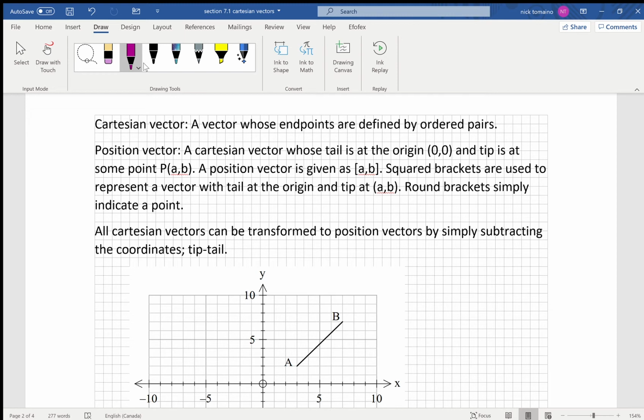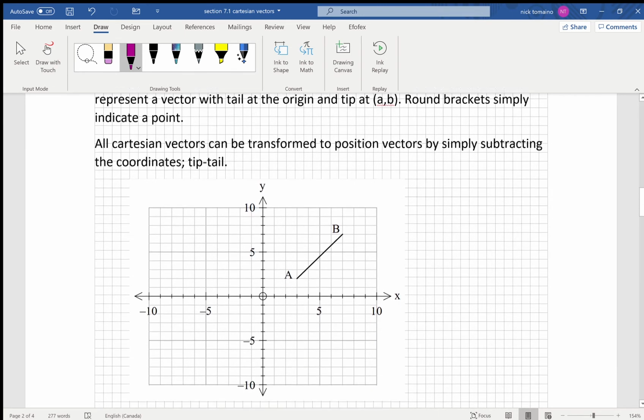Square brackets are used to represent a vector with tail at the origin and tip at the point (a, b). Round brackets simply indicate a point. All Cartesian vectors can be transformed to position vectors by simply subtracting the coordinates, tip minus tail.